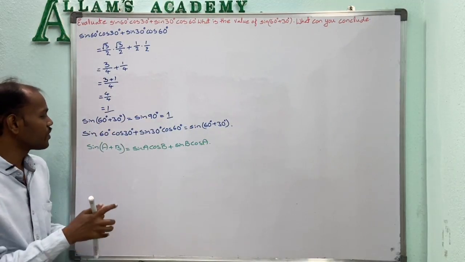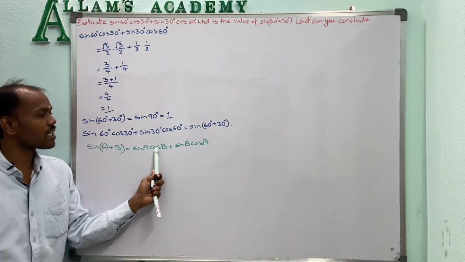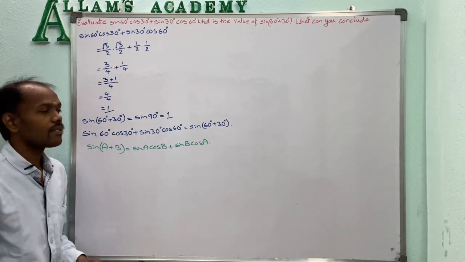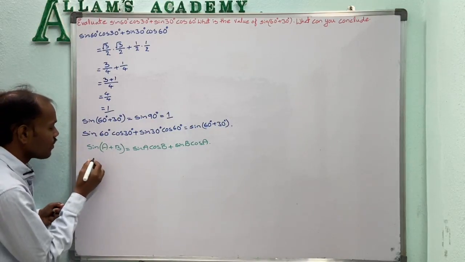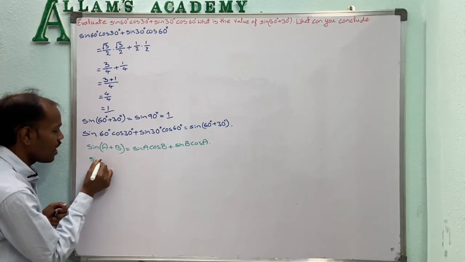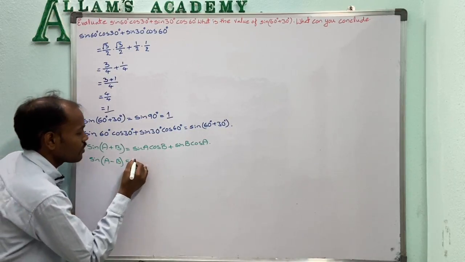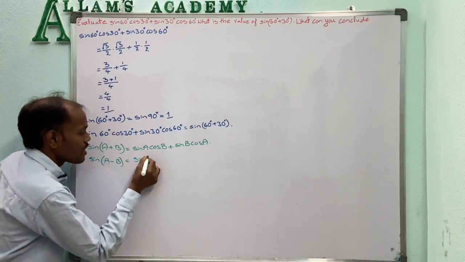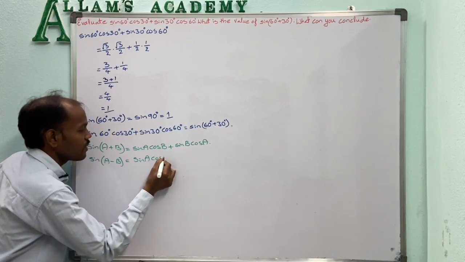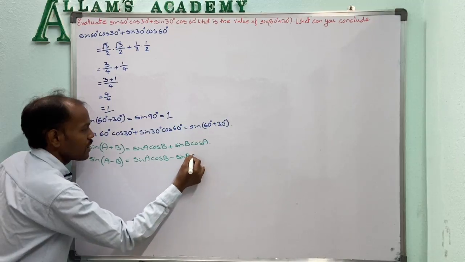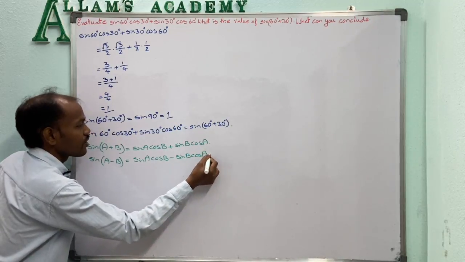Similarly, we can write sin of a minus b equals sin a cos b minus sin b cos a.